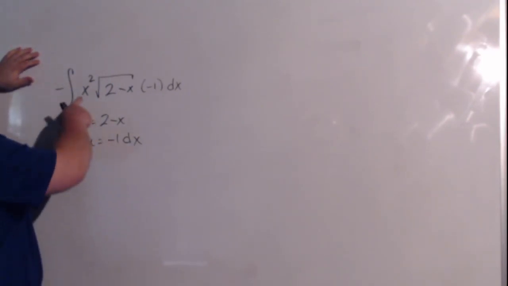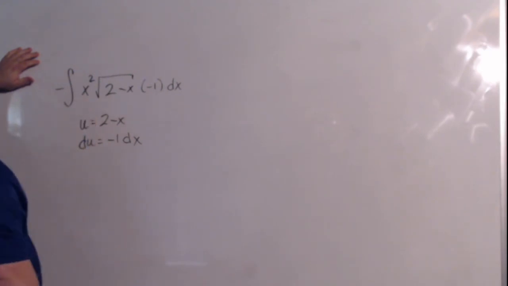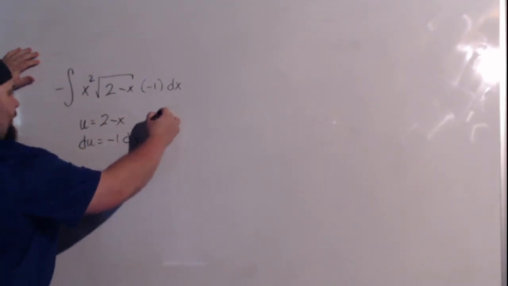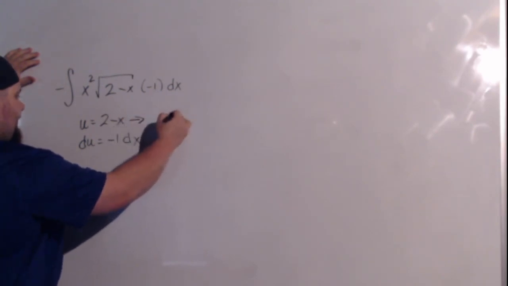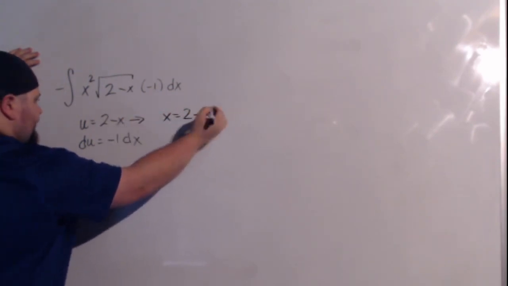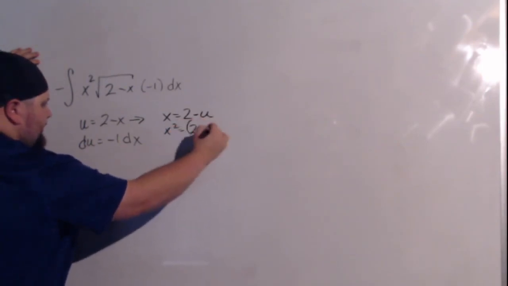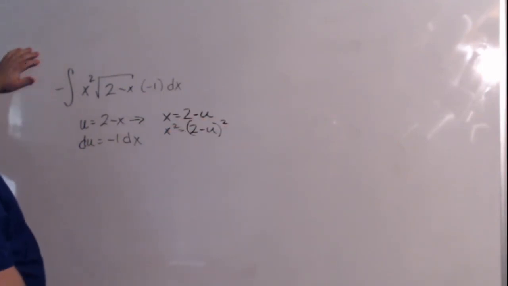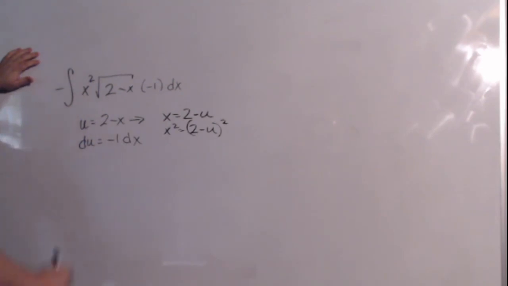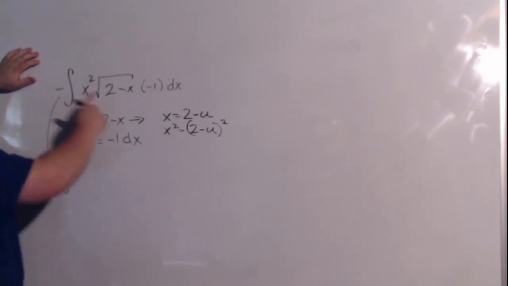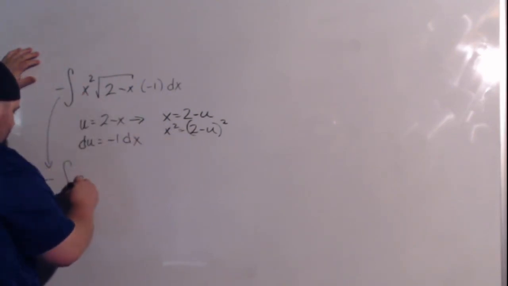So now I have this x squared I have to worry about. So I take this and say x equals 2 minus u, and so x squared is just 2 minus u squared. Make all the substitutions. This is minus an integral. For x squared, I'm plugging in 2 minus u squared.